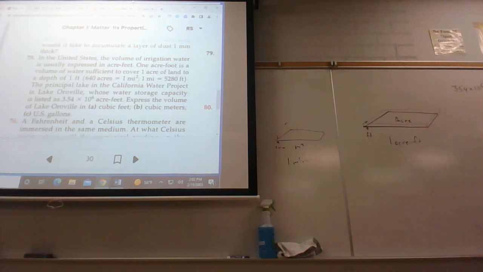This one you don't need to memorize because we don't use it that often. 5,280 feet in 1 mile. But it's squared, so we have to square everything in here. Square miles cancels, and now we have square feet times foot, which gives us cubic foot. And that's what we want.